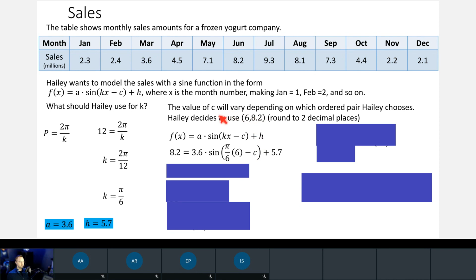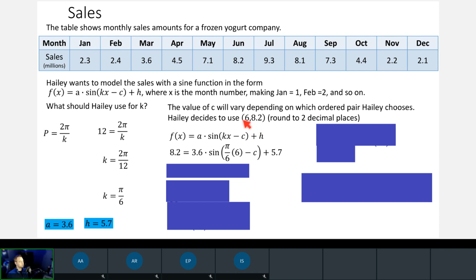I'm trying to think how to word this. It doesn't matter which coordinate we choose for this step. So this problem is forcing us to use 6 comma 8.2.